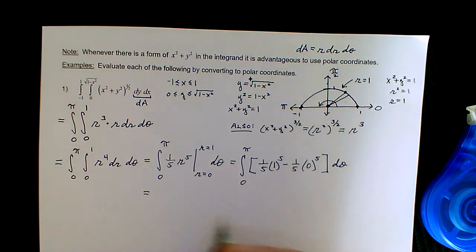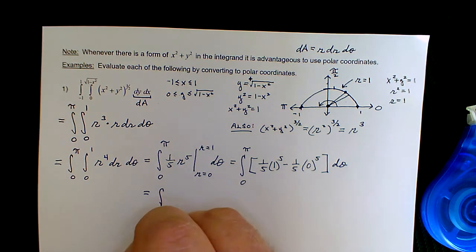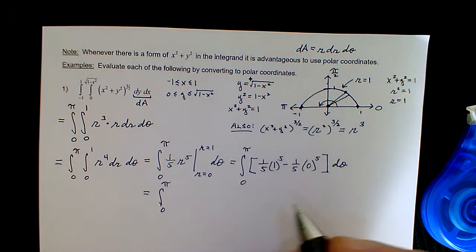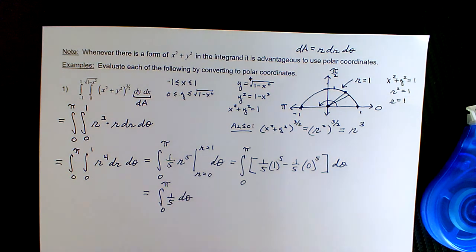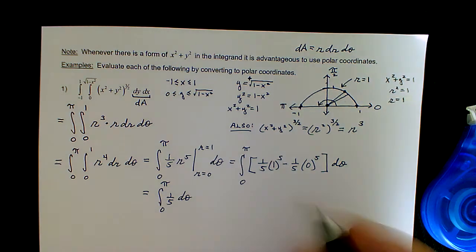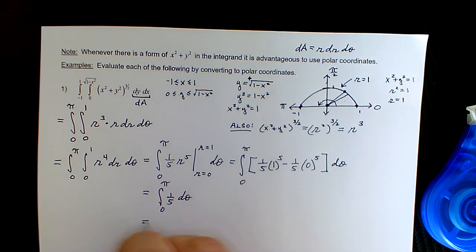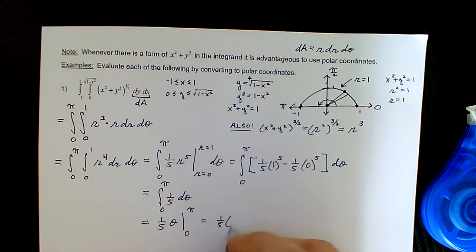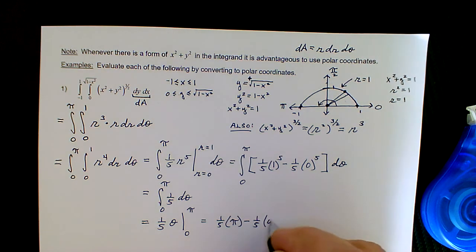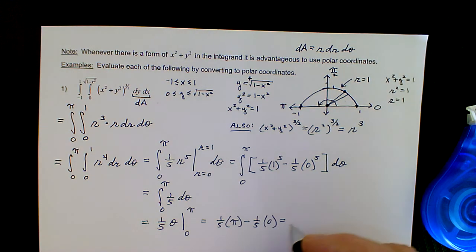And so we get the integral from 0 to pi of just 1/5 with respect to theta. You could have pulled the 1/5 out in front if you want, but easy enough. That's just 1/5 theta evaluated from 0 to pi. So 1/5 times upper limit pi minus lower limit 1/5 times 0 gives us 1/5 pi.